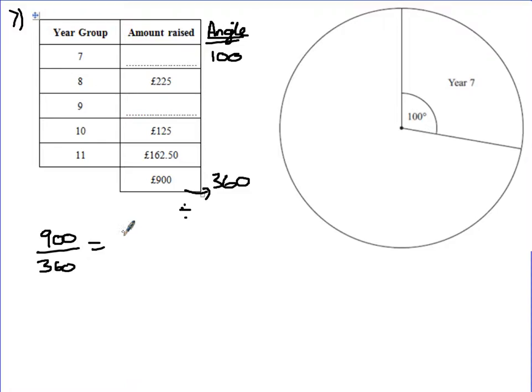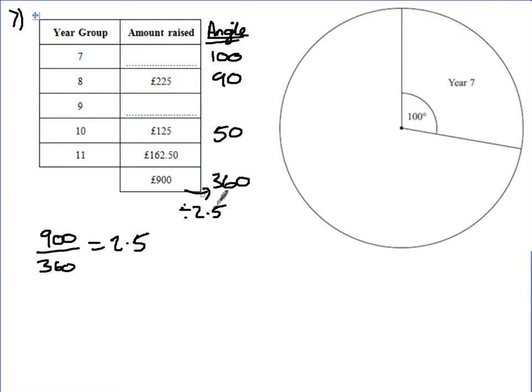And that's 2.5. So if I divide each of these numbers by 2.5, 225 divided by 2.5 gives me 90 there. Then 125 divided by 2.5 is 50. I can do it either way, it doesn't really matter, because we're going to have to go backwards anyway.